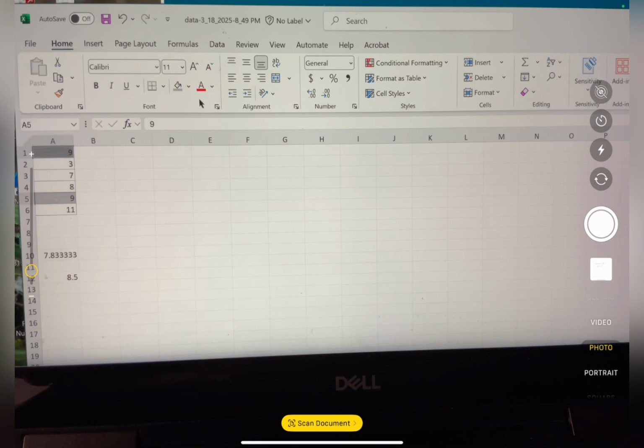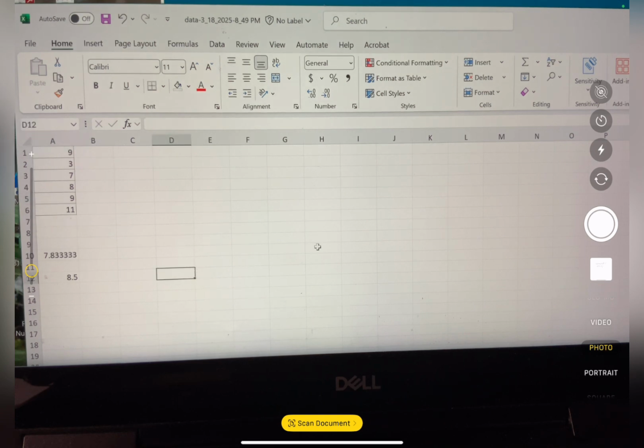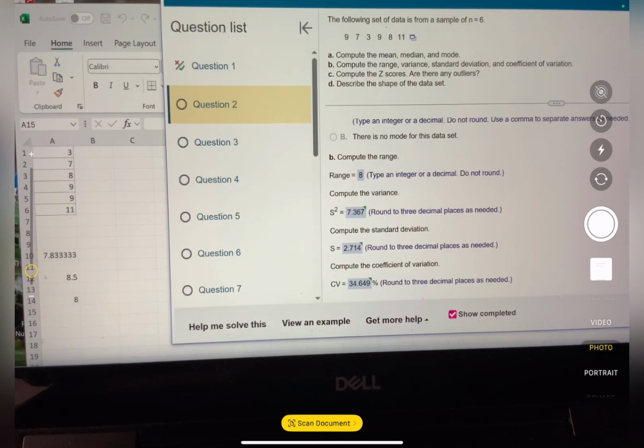Maybe I have to take off highlighting there. Okay, now let's try. There we go, finally did it. So maximum minus minimum, so range is going to be 11 minus 3 minimum, and we got 8. Here is 8.